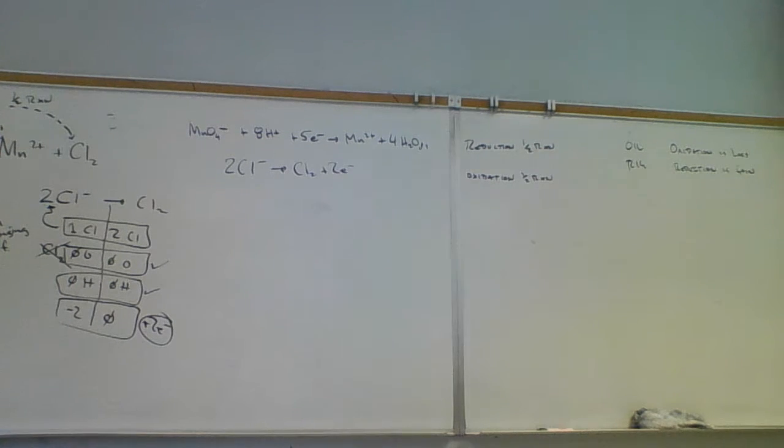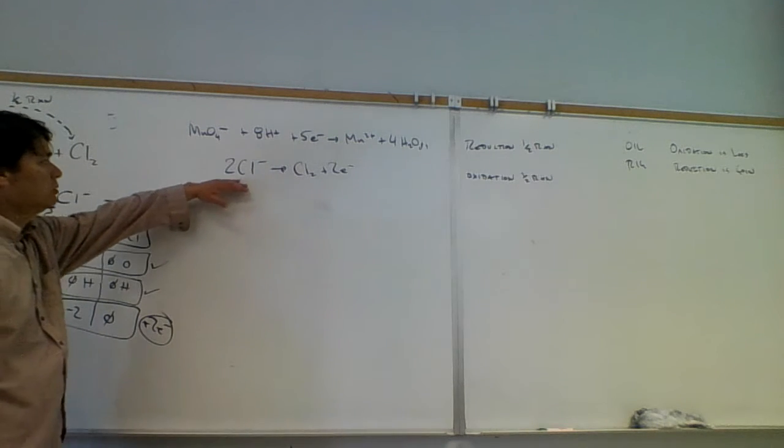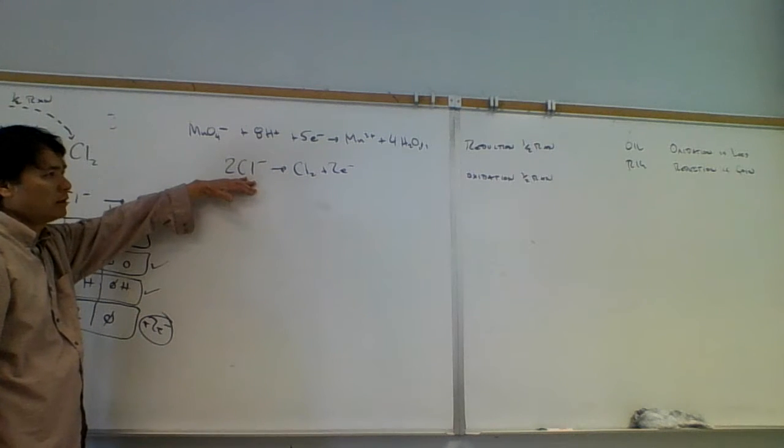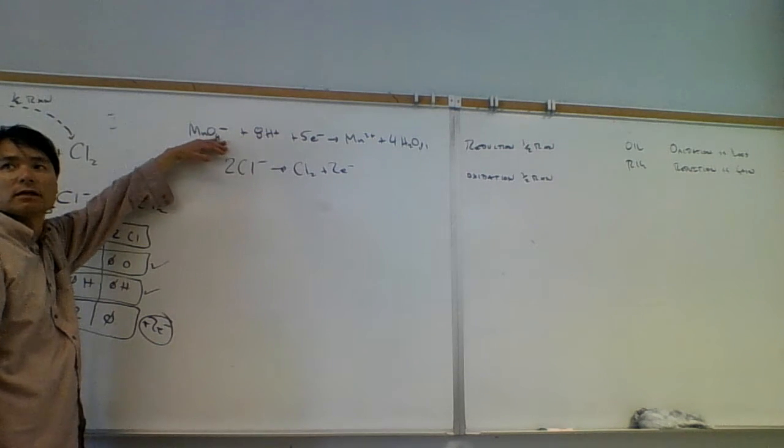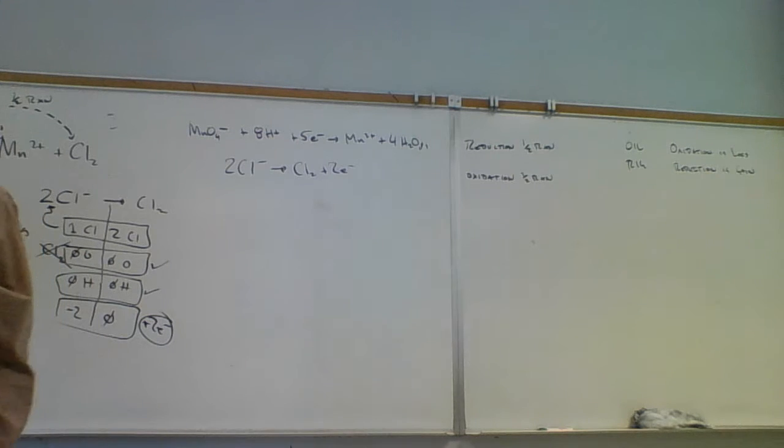No. If chloride is oxidized, then who or whom oxidized chloride? Permanganate. And so this is where a lot of confusion comes up. Permanganate is not the reducing agent, permanganate is the oxidizing agent. The oxidizing agent is reduced. The reducing agent is oxidized.